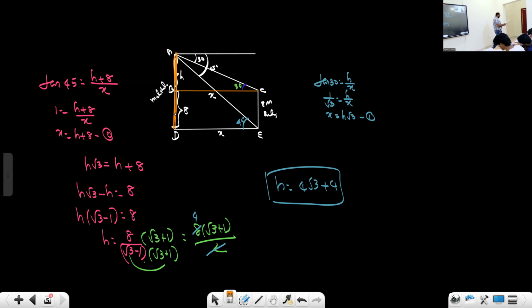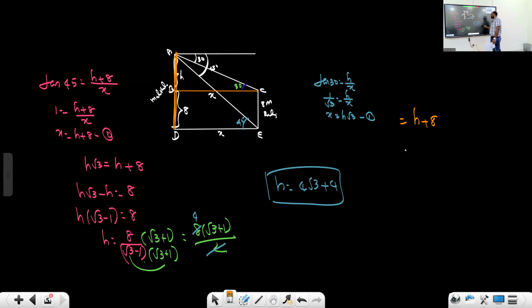Therefore, the height of the multi-storied building is equal to H plus 8.